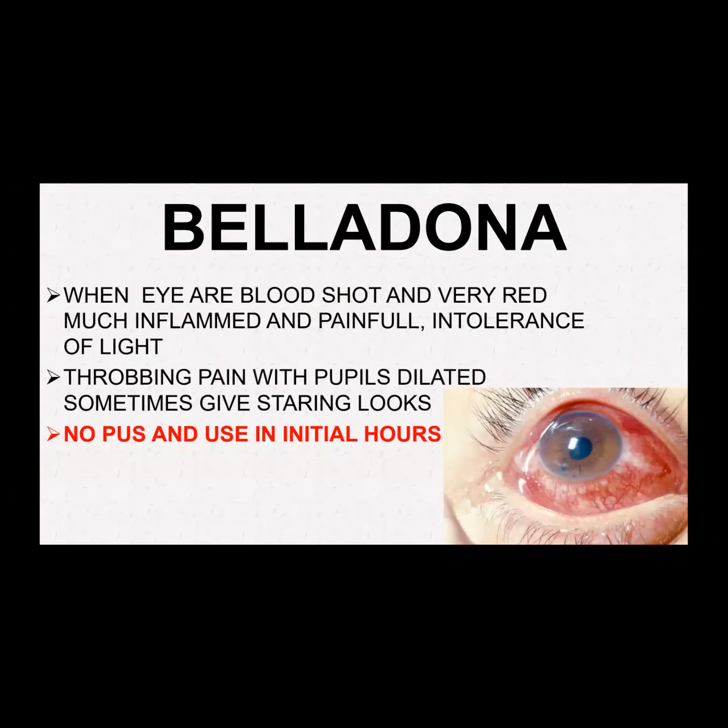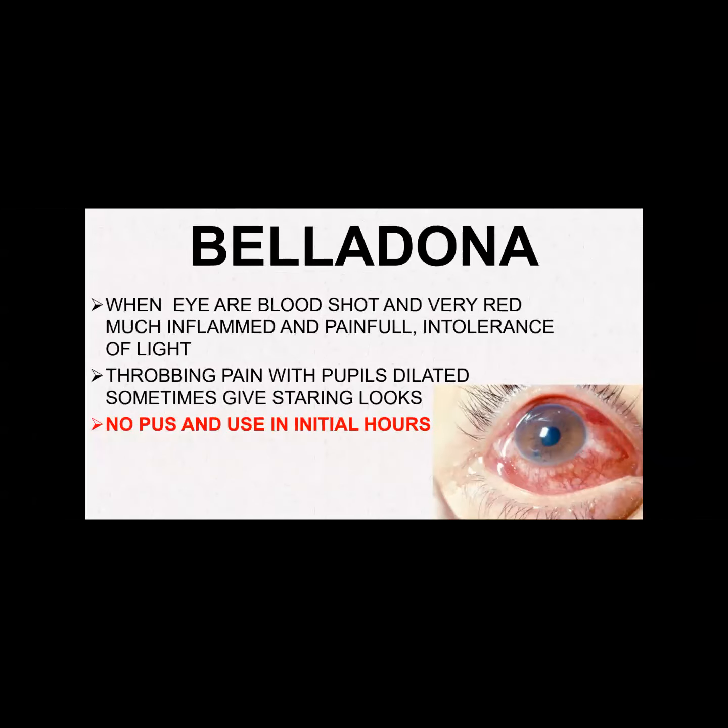If you see this picture of the eyes, the conjunctiva is completely red, like gunshot, bloodshot, extreme redness, along with dilation of the pupil, which many times creates a staring look, like somebody is staring at you.